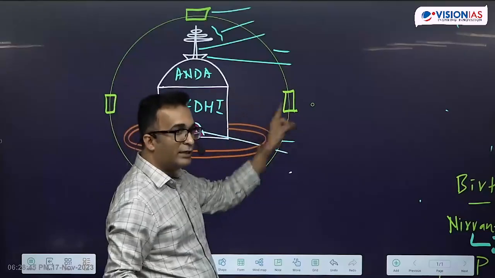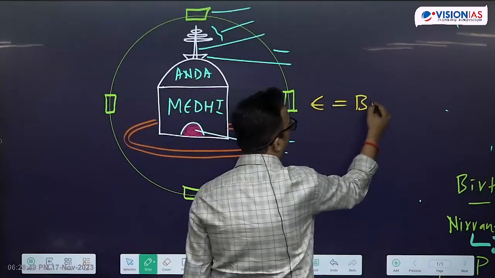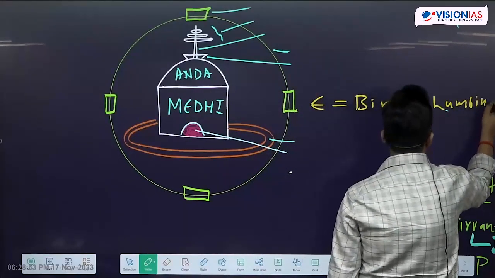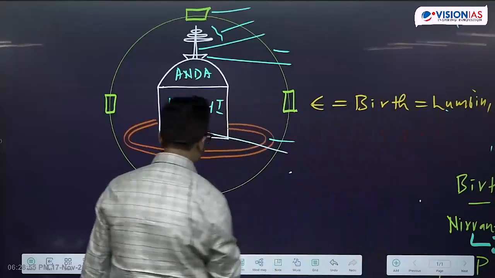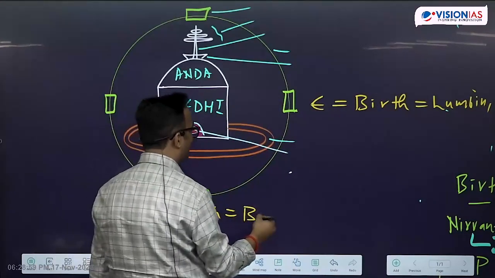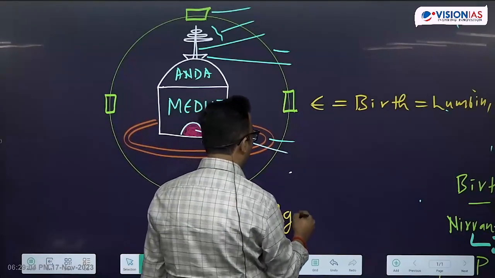This is east. ठीक है, east is what? Birth. Place is Lumbini. Now you have become smart. Now this one, south. ठीक है, south is what? Bodh Gaya. And place is Bodh Gaya, and the event is Nirvana.